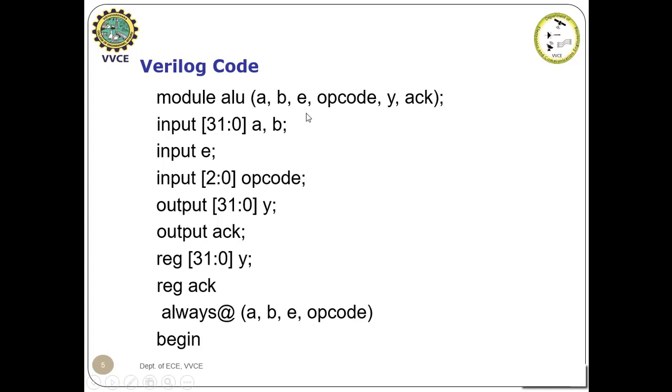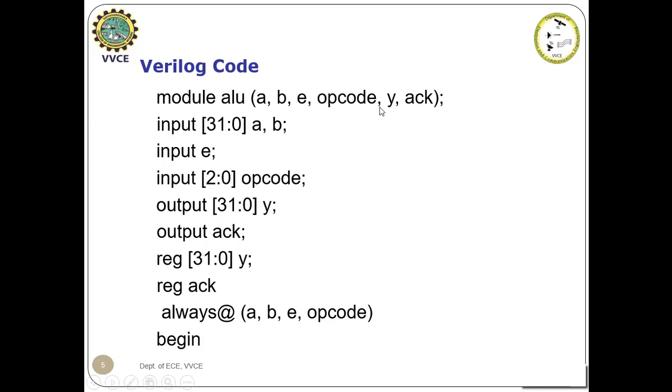And again, irrespective of the 32-bit input, I have to perform logical AND operation, OR operation and arithmetic operation based on opcode. I have to declare this opcode as an input port with a vector of 2 down to 0. Finally, for each opcode selection for the 32-bit input, I am getting a result of 32 bits itself.